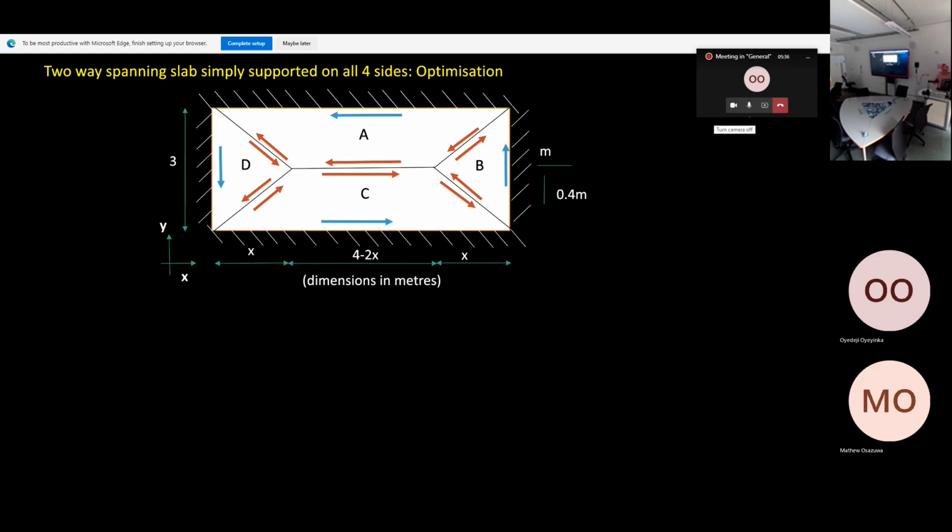The slab is simply supported on all 4 sides.